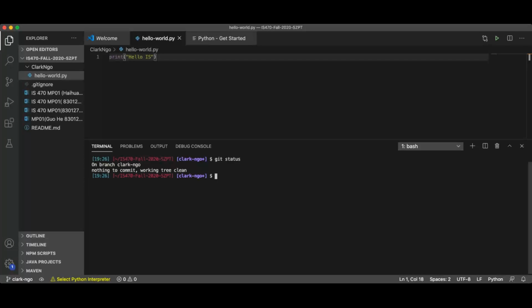If I see git status, it means you are clean, your version is saved, and your local machine now has that version, okay?